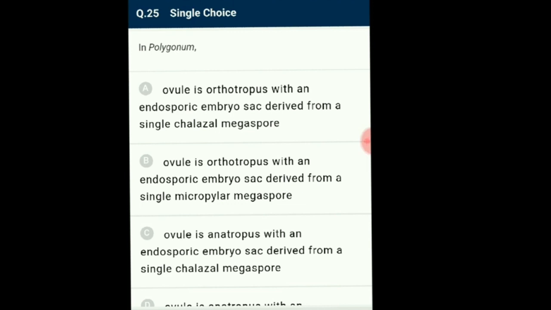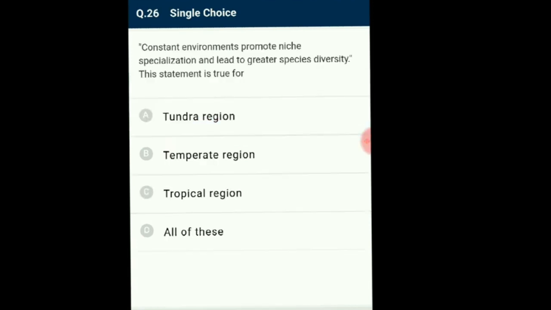The most common type of ovule in angiosperms is the anatropous ovule. However, Polygonum has an erect or orthotropous ovule. So the answer for this question is option A. Ovule is orthotropous with an endosporic embryo sac derived from a single chalazal megaspore. So the correct option is A.